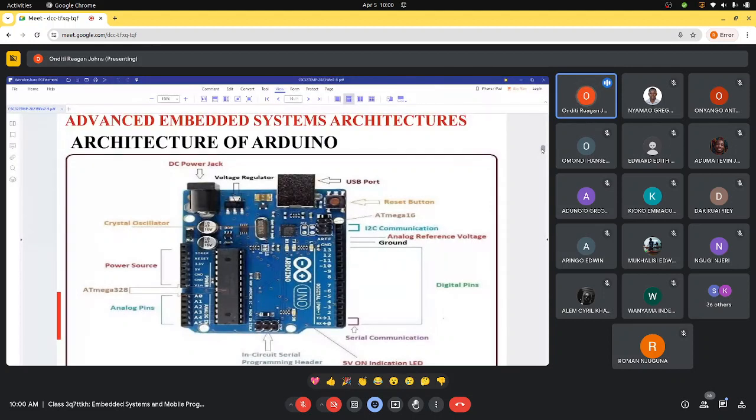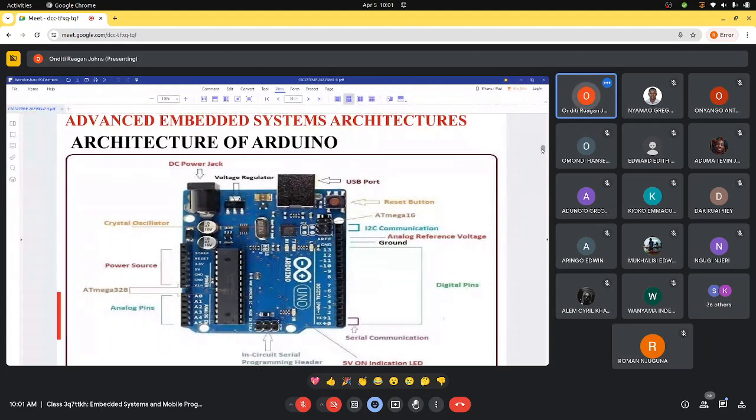So at one point, if you'd want to reprogram this board, maybe upgrade it to another version of Arduino in terms of software, you'd still use this particular port to do that.